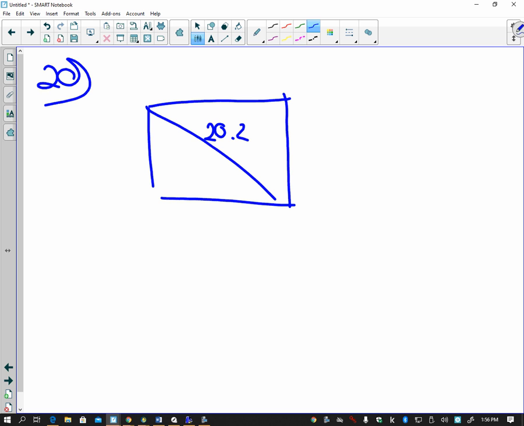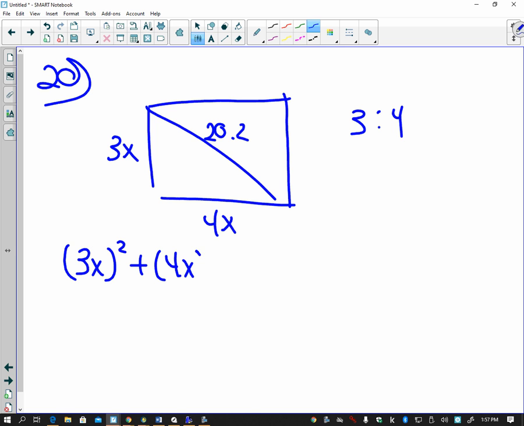If it says it has a ratio of 3 to 4, then this is 3x and this is 4x. At that point I should be able to solve that, because I'm going to do something along the lines of 3x squared plus 4x squared equals 20.2 squared.